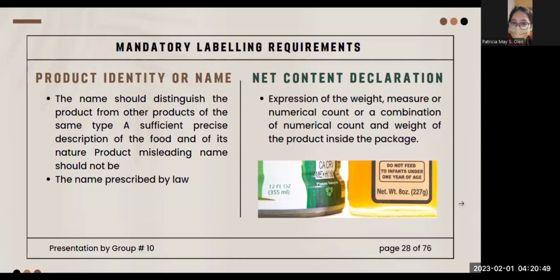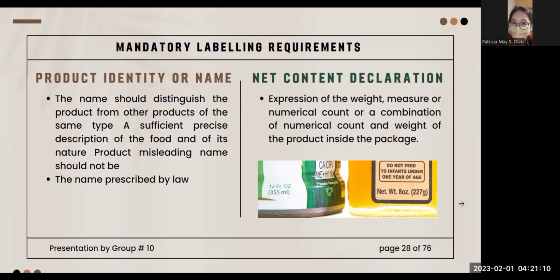Okay, so we have what you call mandatory labeling requirements. When we say mandatory, it means everyone should have this. First, we have the product identity or name. Of course, dapat accurate yung name sa mismong product.